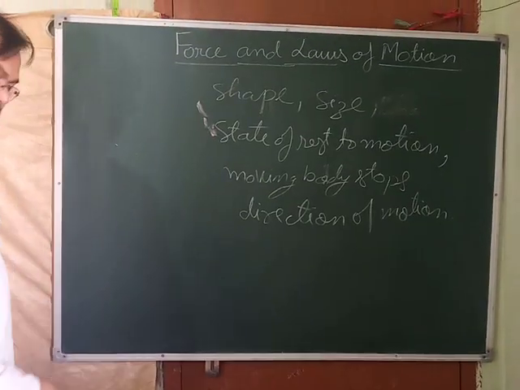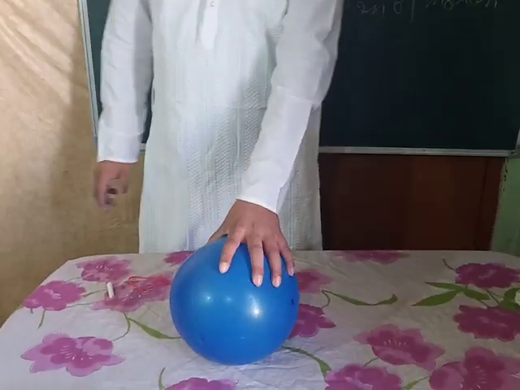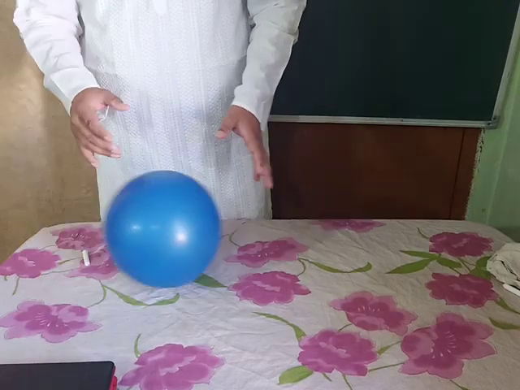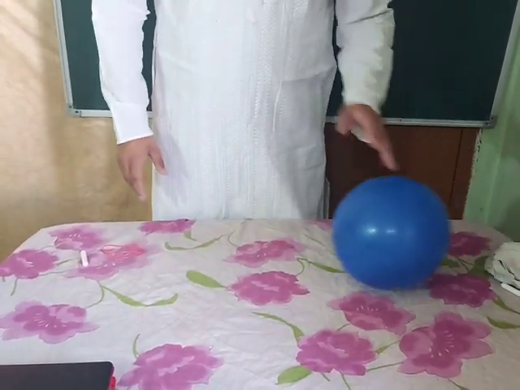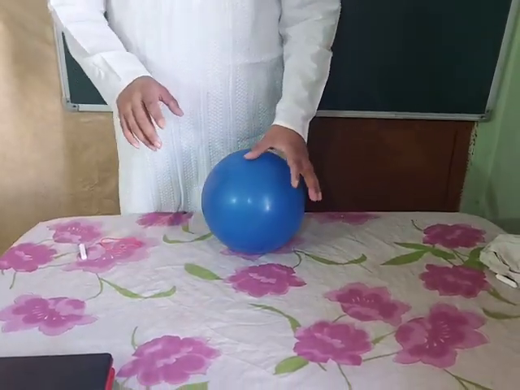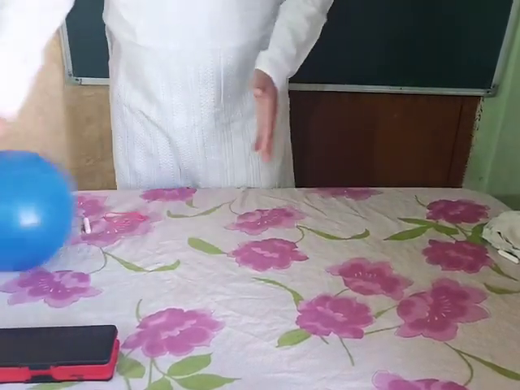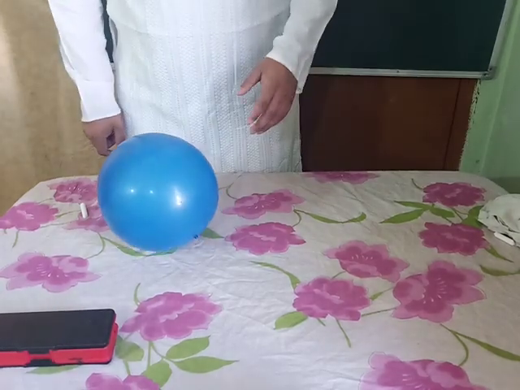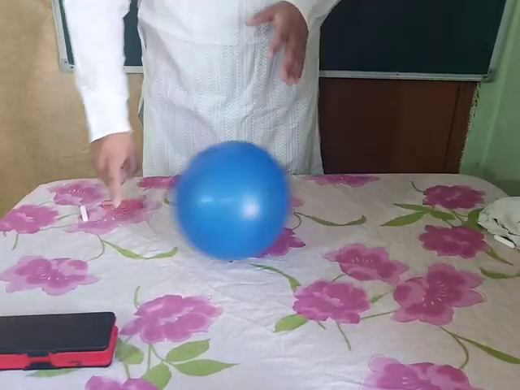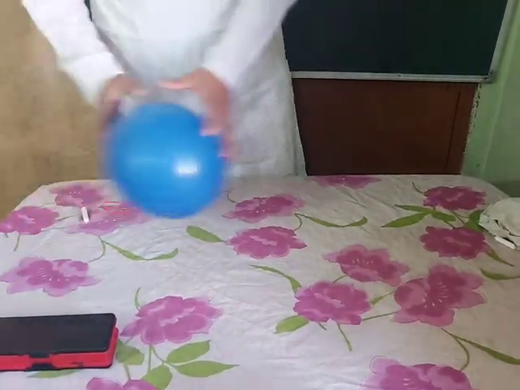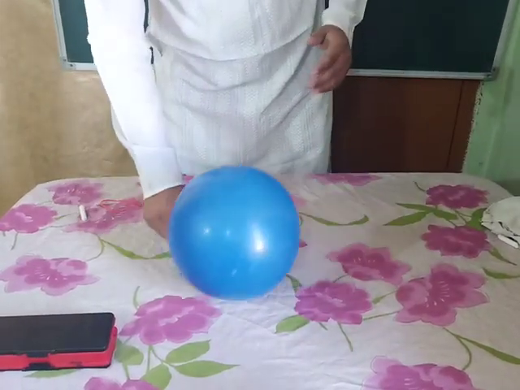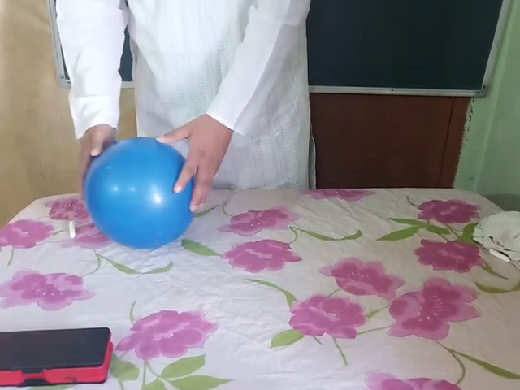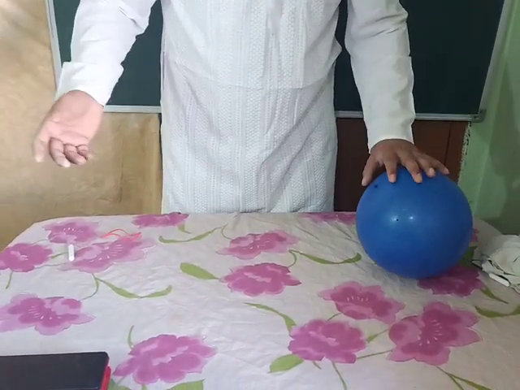And next, see what else changes. See, it is moving. Once again, I am going to apply force. So what will happen? It moves faster. Have you seen? It is moving. I am applying force, and you see, it becomes faster. Again, I am applying force, and it becomes slower. See, it will become slower and then stop later on, obviously.